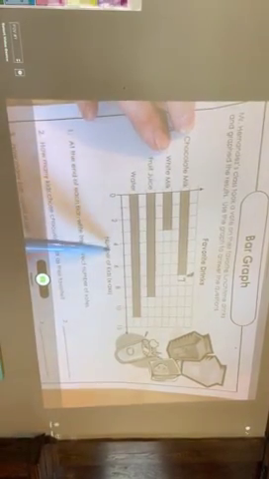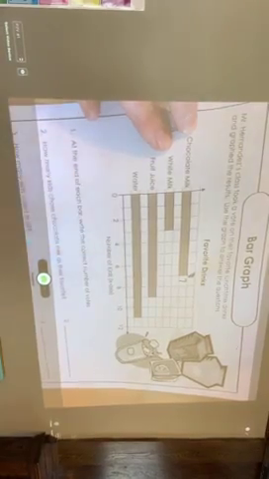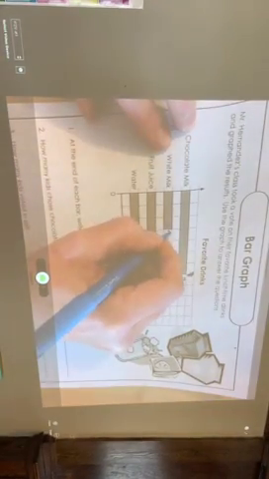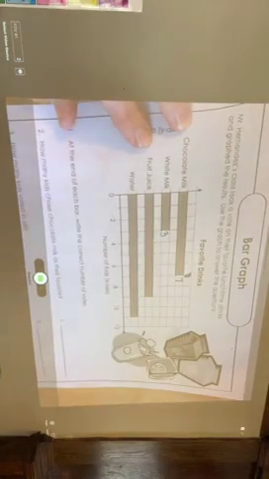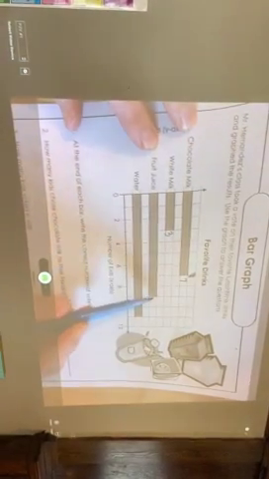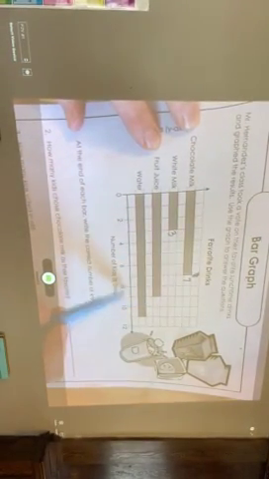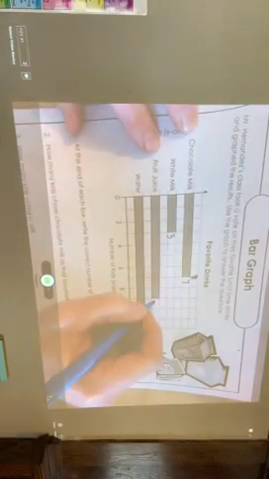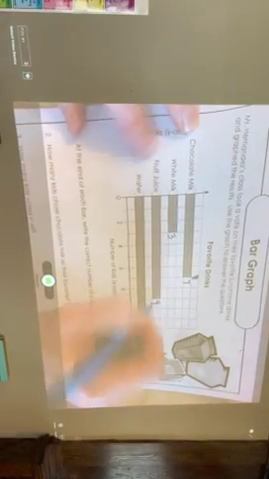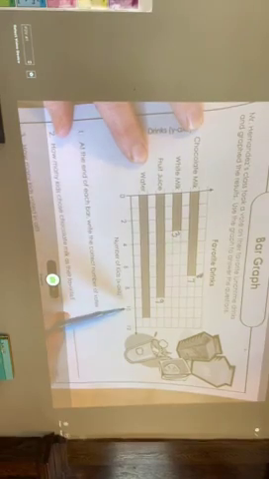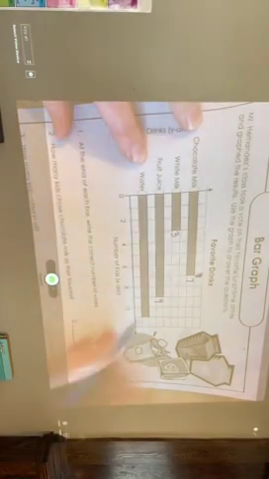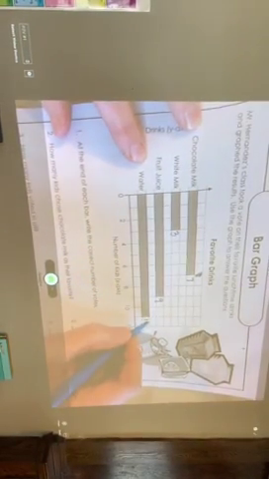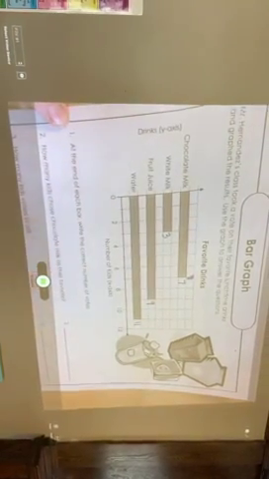It's between the 2 and the 4, and I know what number comes in between. It's 3. So 3 students chose white milk. The next one is fruit juice, and it's between the 8 and the 10. What number comes there? It's 9. And the last one is water, which comes between the 10 and the 12. What number is there? It's 11. So I did that for number 1.